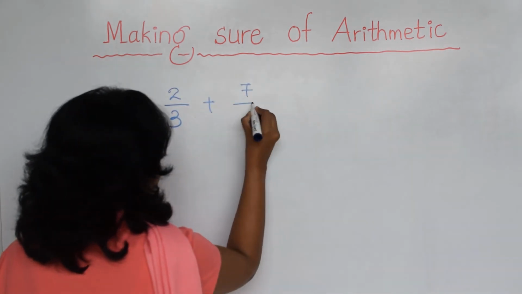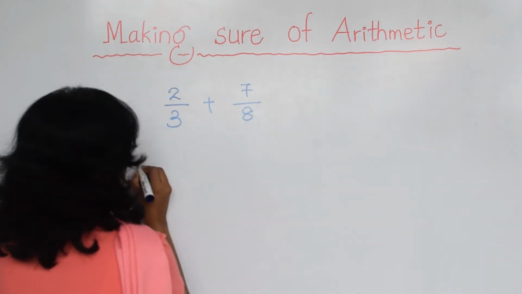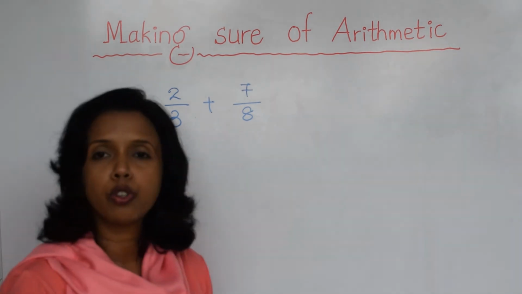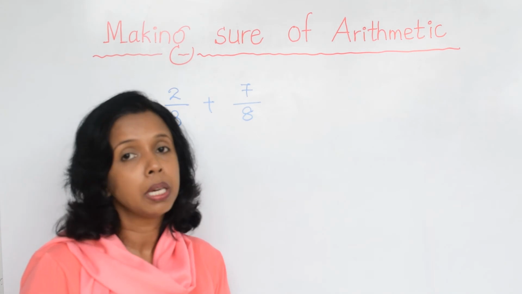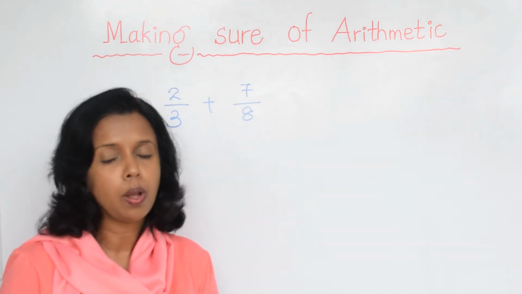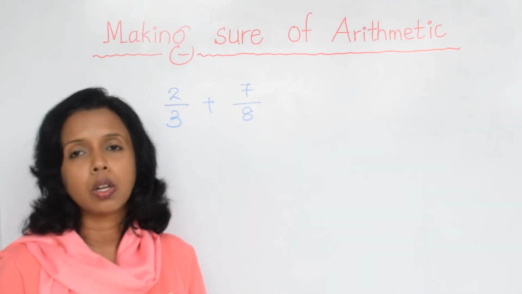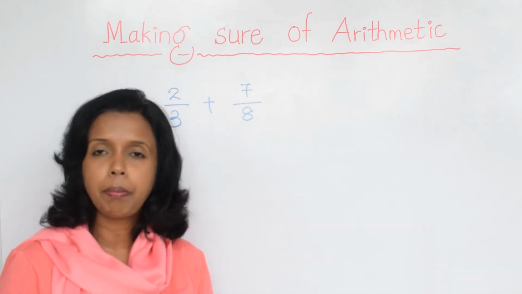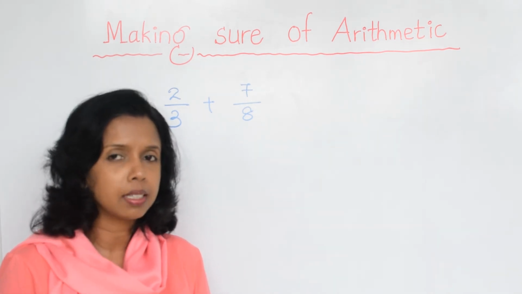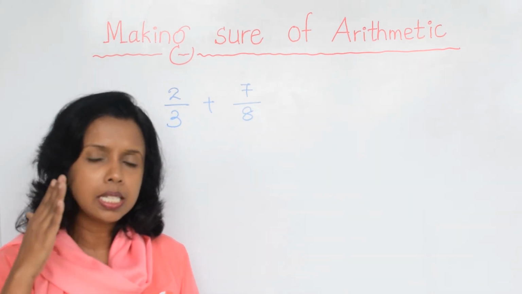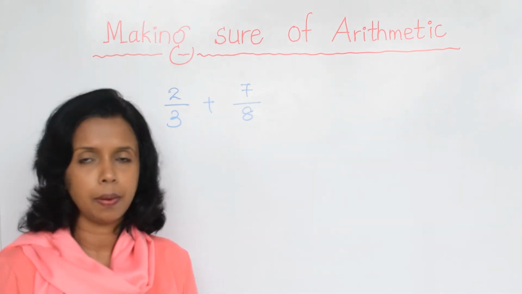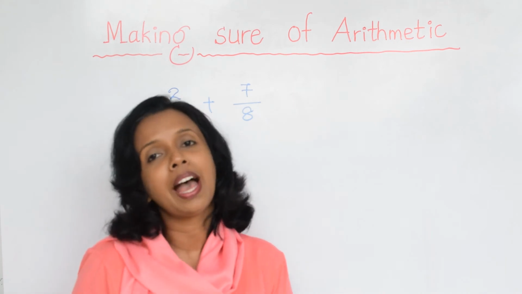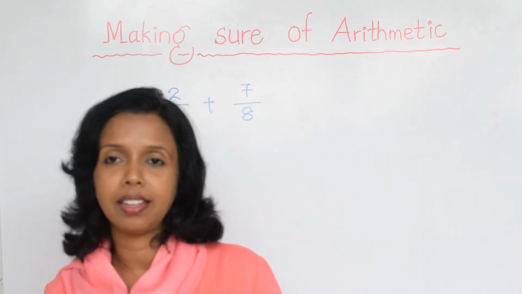Children, when I solve the sum, you want to follow the steps I am doing, because in the examination, marks will be allocated for your steps. So from the beginning, it's better to practice each and every step, because if you know the fundamentals well, whatever the question you have in the exam, no need to worry, right?